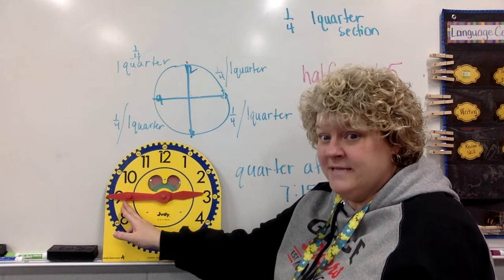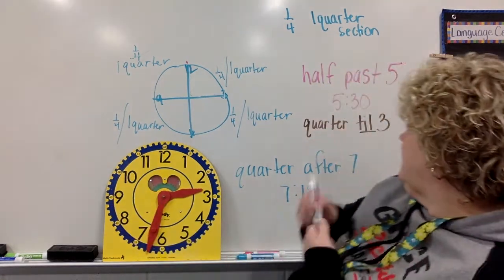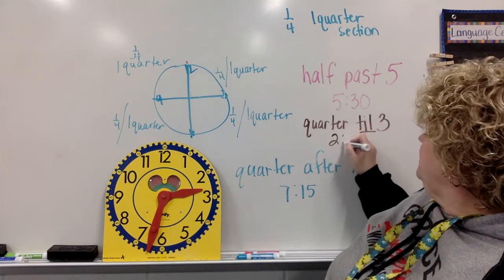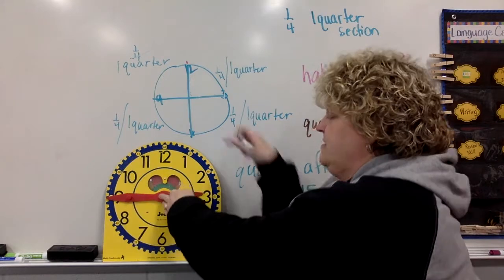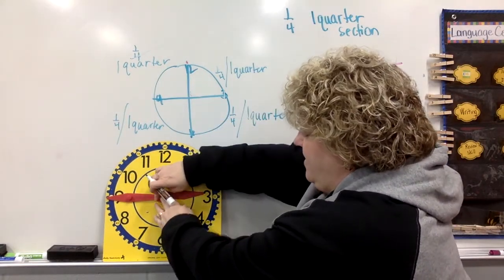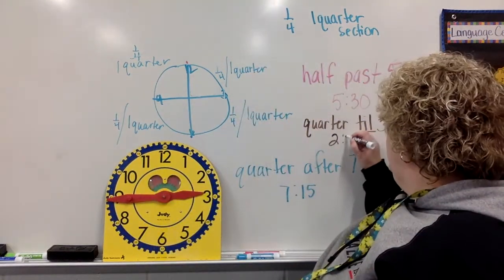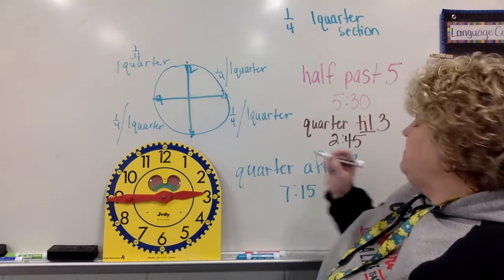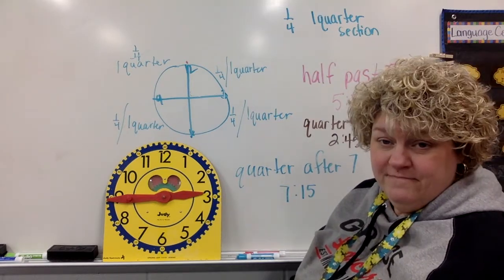No, it's not, is it? Because it's not 3 yet. So we know it's going to be 2 something. And if it's at the 9, if we count by 5s, 5, 10, 15, 20, 25, 30, 35, 40, 45. So it would be 2:45.